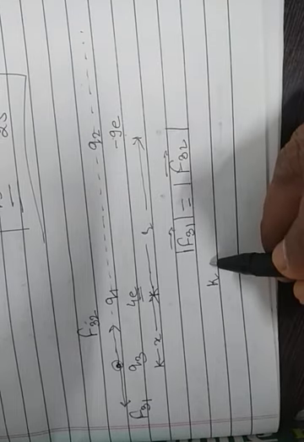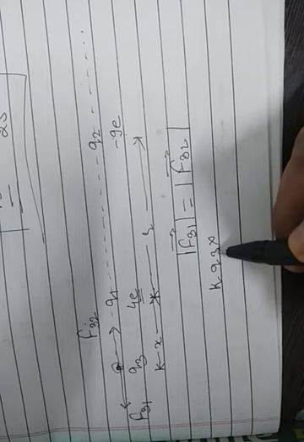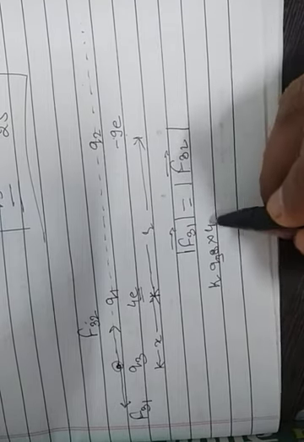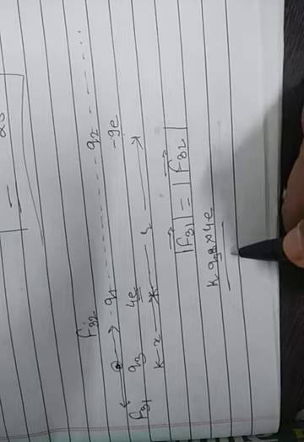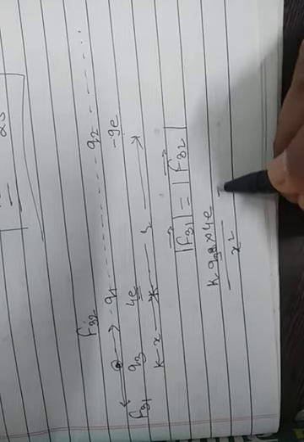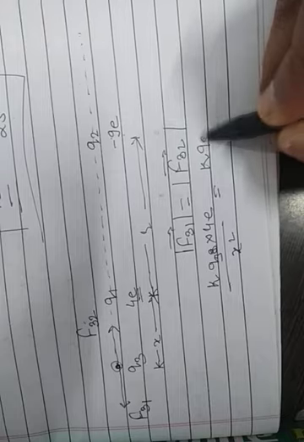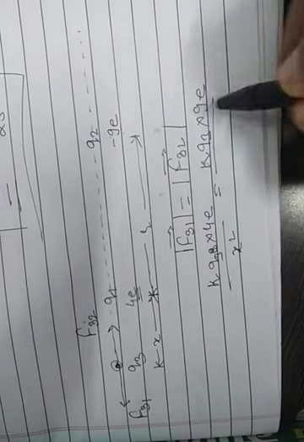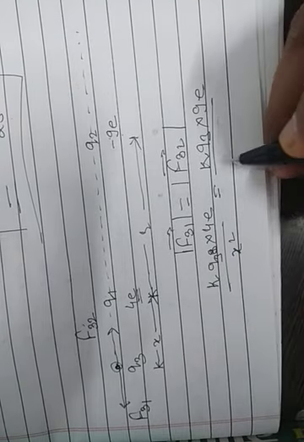It is k Q3 Q1, where Q1 is 4e, and the distance between 3 and 1 is x, so x square. And F32 is k Q3 Q2, where Q2 is 9e, and the distance between this and Q3 is r plus x.